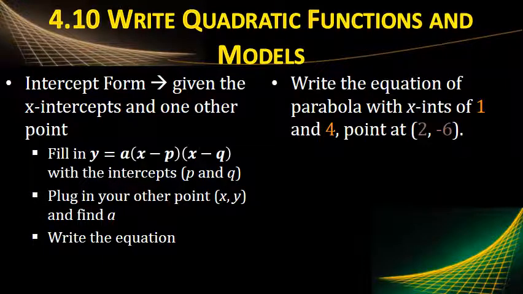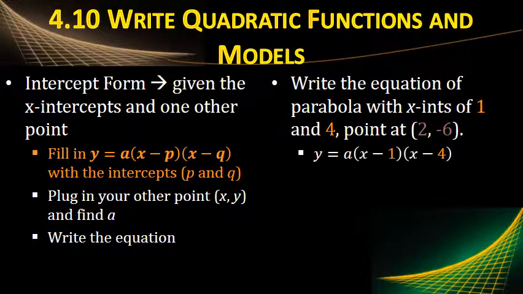Write the equation of the parabola with the x-intercepts of 1 and 4 and the point at (2, -6). So we fill in our intercept form with our intercepts, the 1 and the 4. Then we take our point and fill it in for x and y.